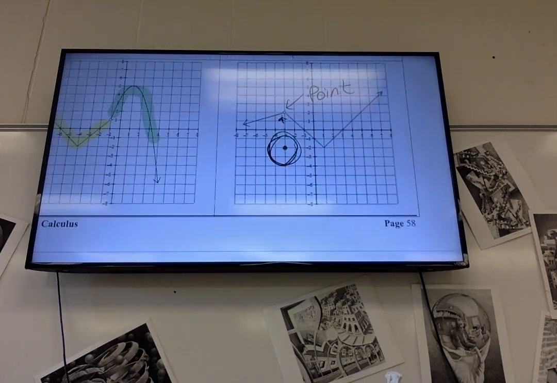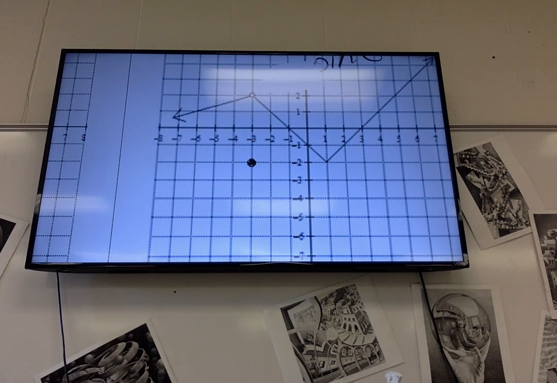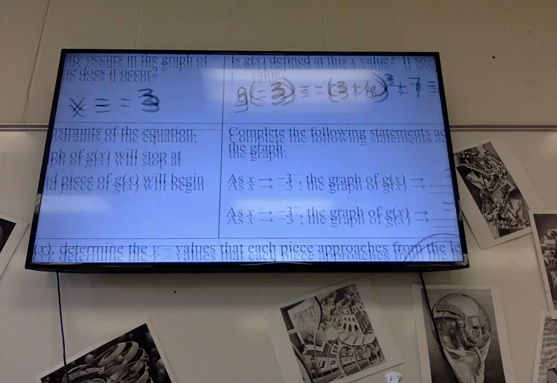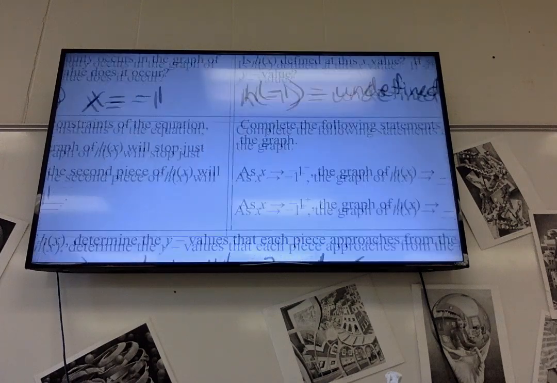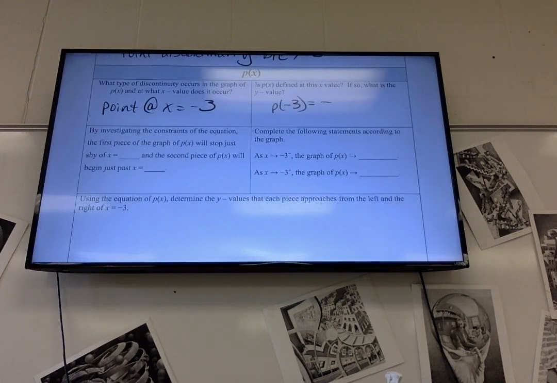Negative 2. Very good. It equals negative 2 because that's this point. Now I have an open circle up here, but it's not equal to that point. So it actually equals negative 2. Excellent.